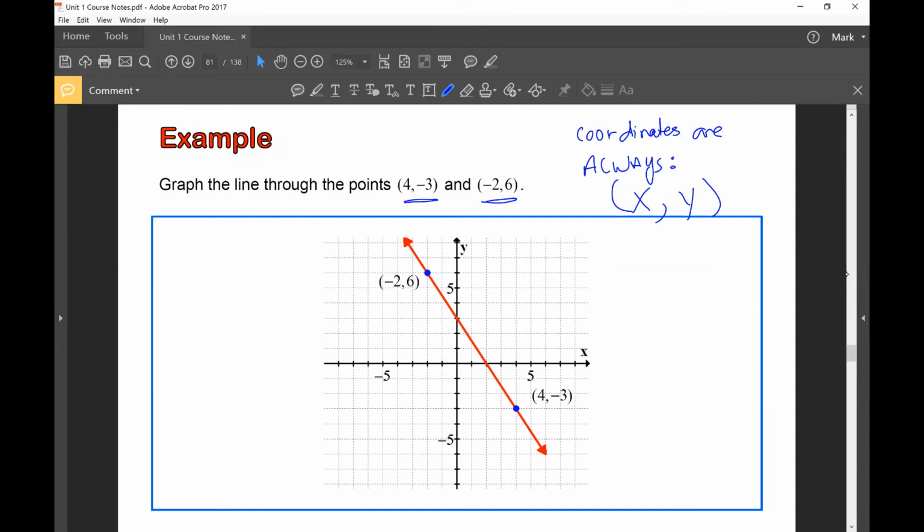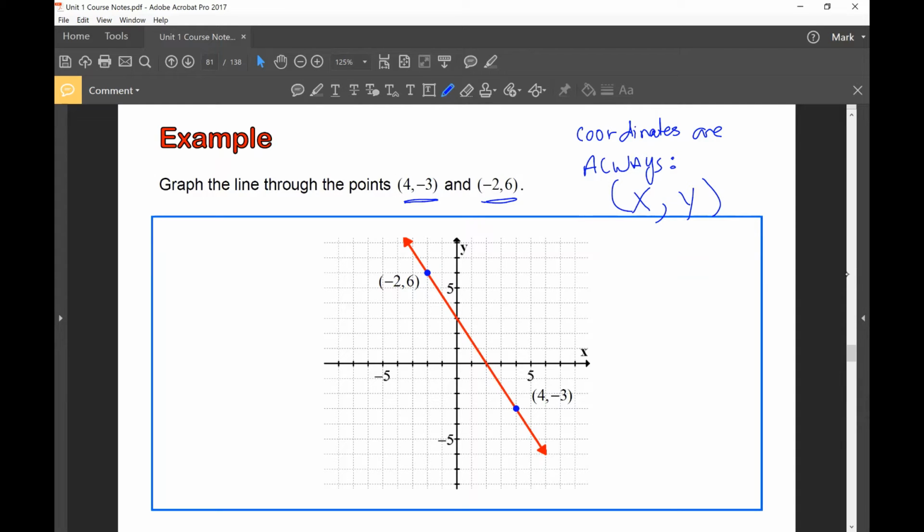The easiest way to remember that is to think of the English alphabet, A, B, C, D, E, F, G, H, I, J, K, L, M, N, O, P, Q, R, S, T, U, V, W, X, Y, Z. X in the alphabet comes first.